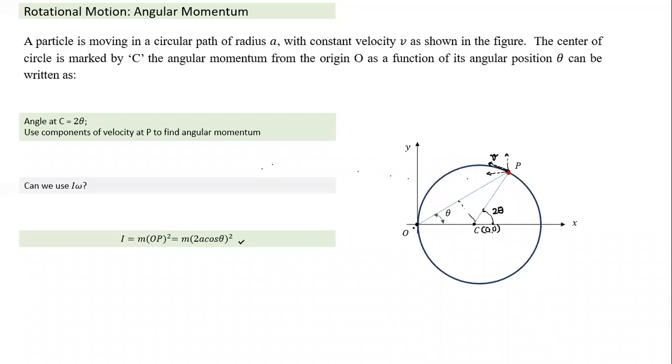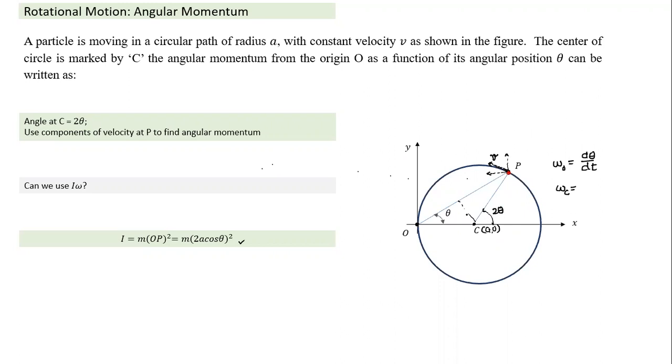But what is the angular momentum as seen from O? The angular velocity about O is equal to d theta by dt. But what is the angular velocity about C?